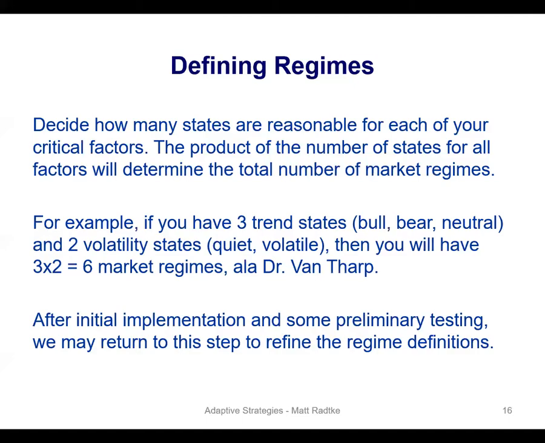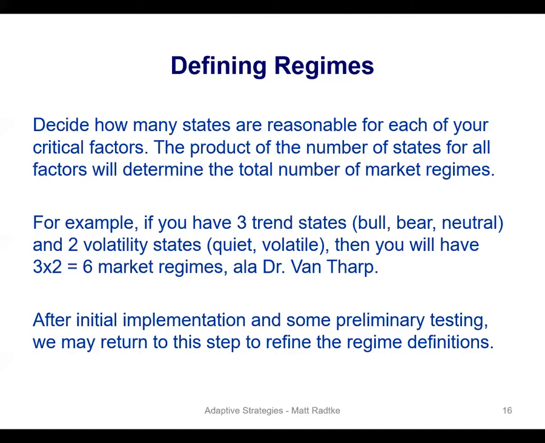So for example, if we choose the trend and volatility as our two factors, we might have 3 different trend states: bull, bear, and sideways, or bull, bear, and neutral. Pretty common trend states. And we might have 2 volatility states: quiet and volatile.